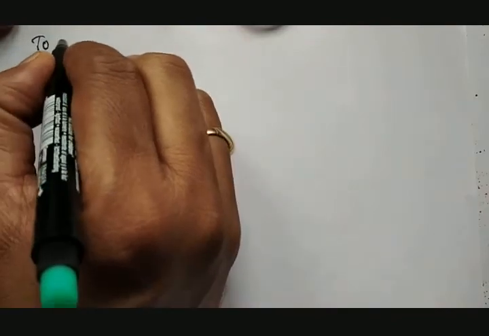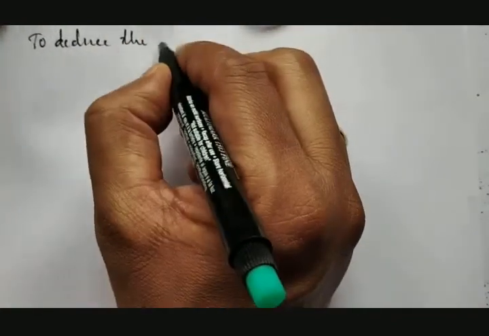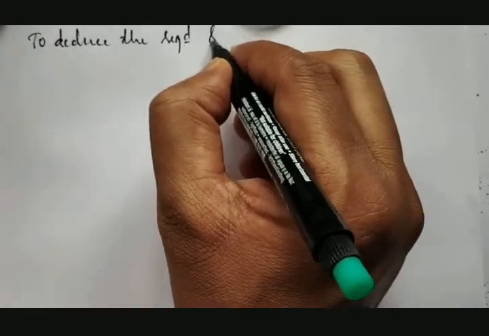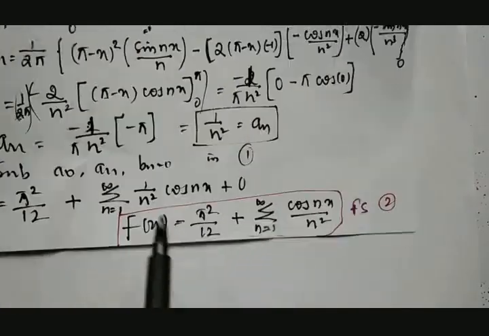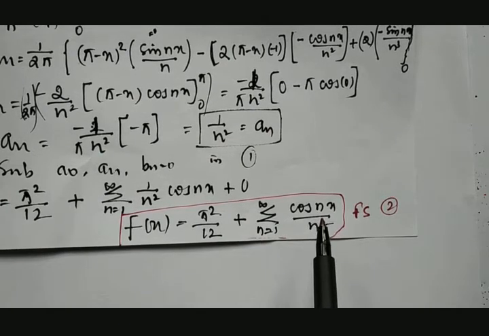Now we need to deduce the required series. What to do? If you see, our Fourier series has cosine wave.